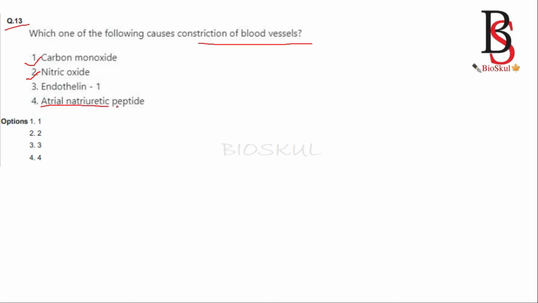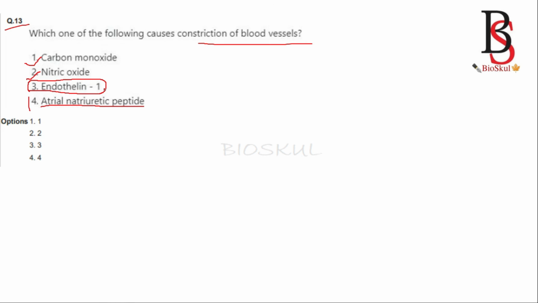Atrial natriuretic peptide is synthesized by the heart and also by the brain. This hormone reduces the arterial blood pressure by decreasing blood volume. So this one also causes the dilation of blood vessel. So which one of these causes the constriction of blood vessel? The blood vessel constriction is caused by endothelin 1.